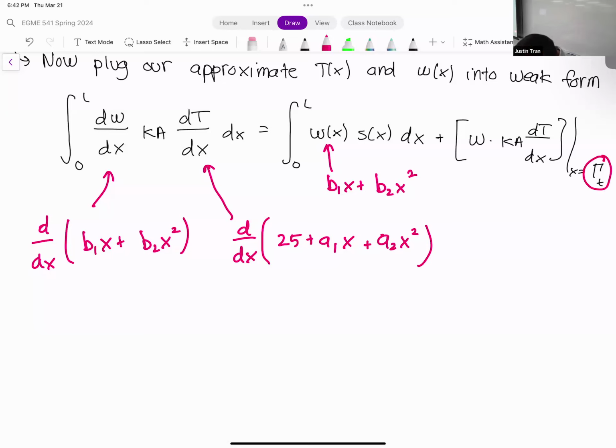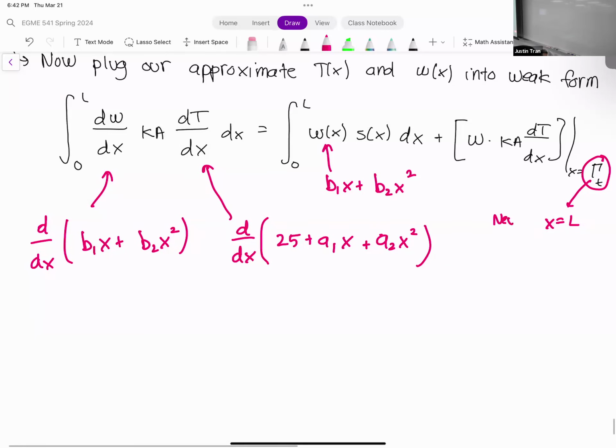And we can actually evaluate this term as well. This is going to simplify quite a bit for us because we know that the Neumann boundary condition here is at x equal to L. And it just so happens that at x equal to L, we have a fully insulated boundary condition, so the derivative of the temperature dT/dx is equal to 0.